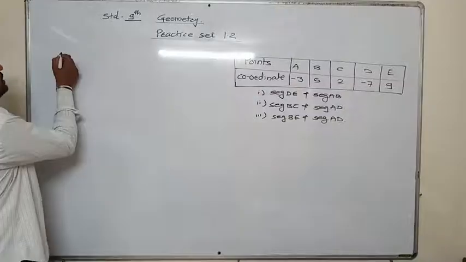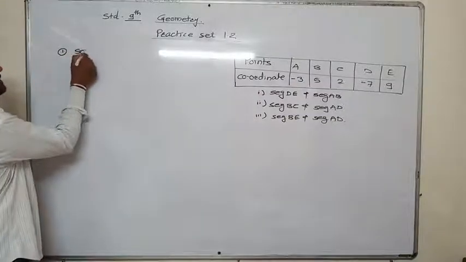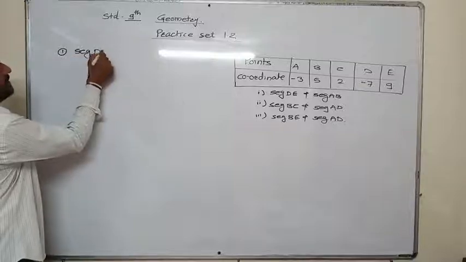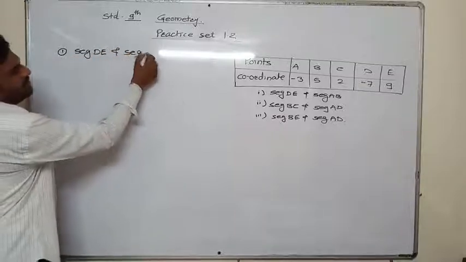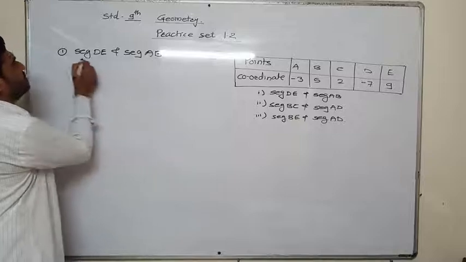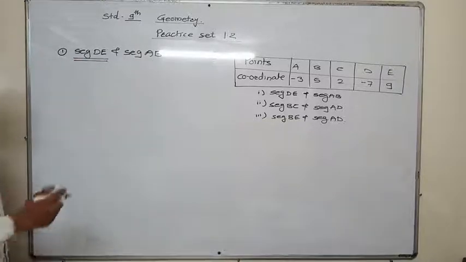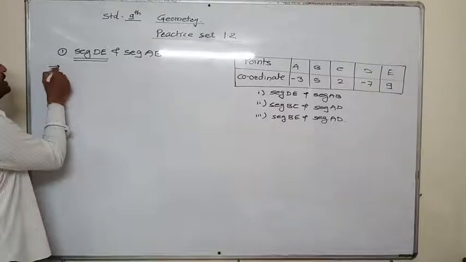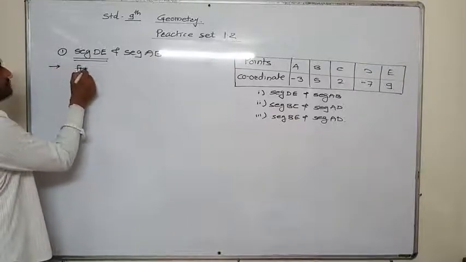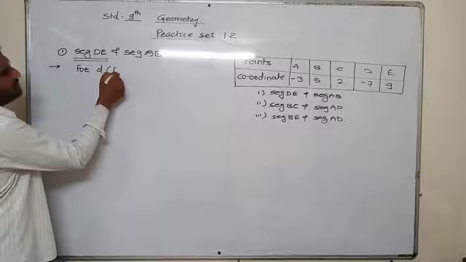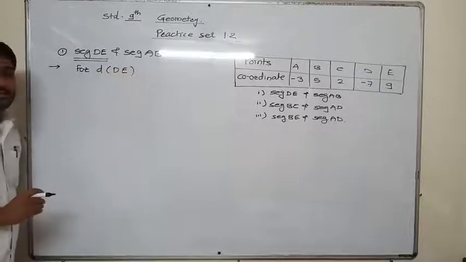So first we take the first pair, segment DE and segment AB. First we find the distance or length of segment DE.